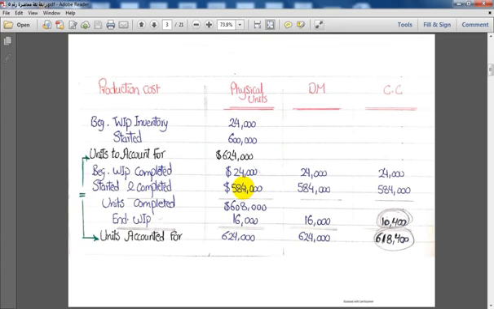This is the ending finished goods inventory. But we calculate the total finished goods equal 1,200,000. The total units completed equal units started plus beginning work in process minus ending work in process inventory equal 1,200,000.